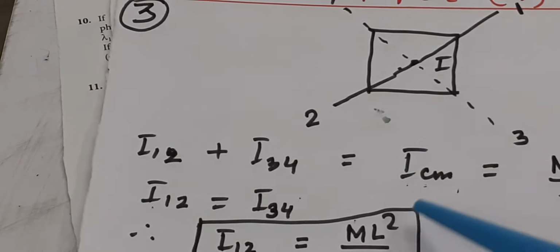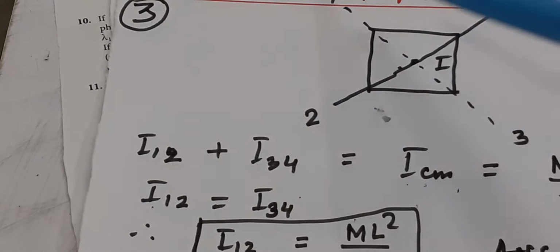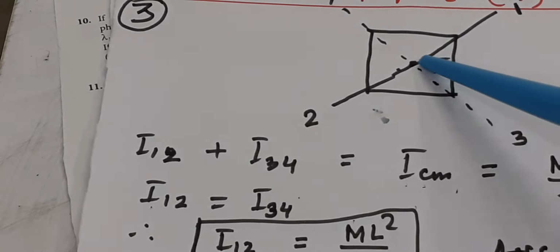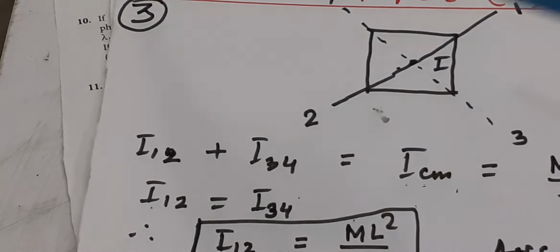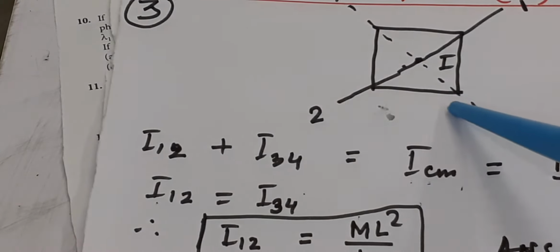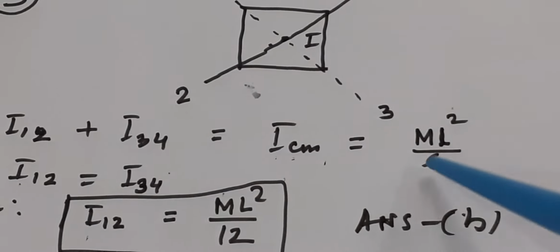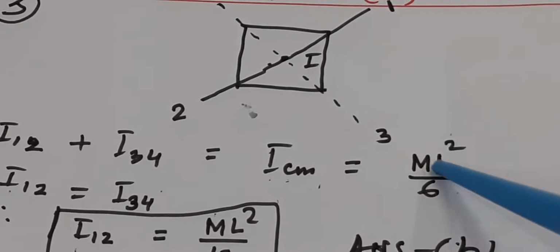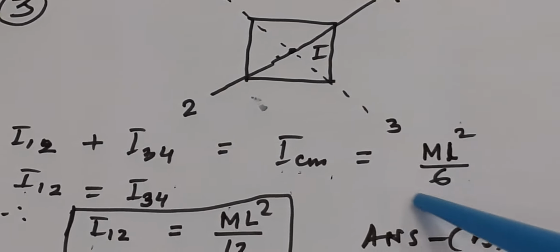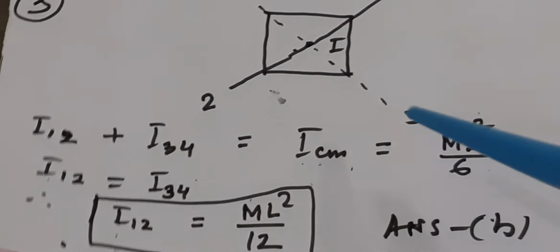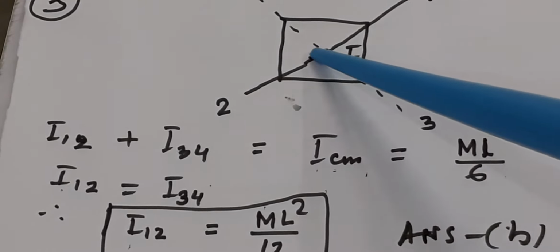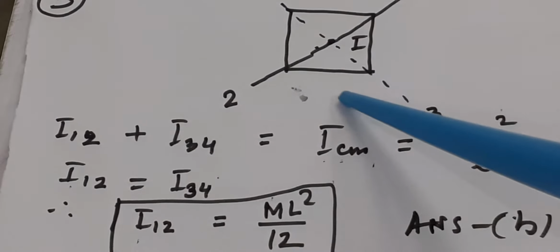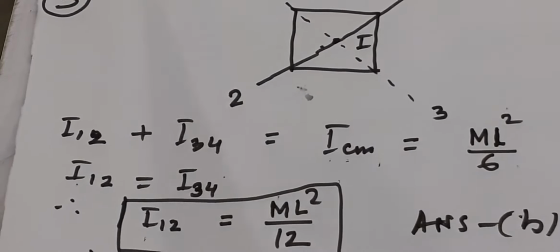That means this is a square plate, moment of inertia with respect to center of mass perpendicular to the area will be 1 by 6 ml square. This is to be known before solving this problem, ml square by 6, otherwise you cannot solve. I mean it will pass with respect to IZZ axis.